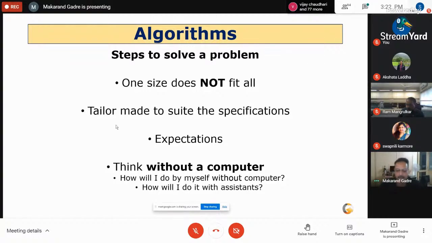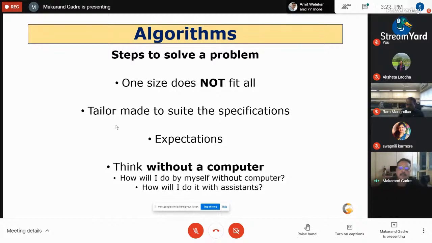So I always think of it like, how will I do it if I did not have a computer at my disposal? And how will I do it if I have somebody else, like an assistant or assistants, who can do it for me? Those two things let me think about what to do and how to do it using parallel and concurrent processing.